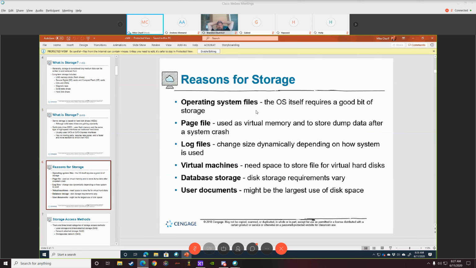So the other reason why we need storage is for log files, especially on a server. And that file grows and grows dynamically as needed. So what is in there? For example, if you want to know what happened to your drive or the status of your machine, if you want to go see Event Viewer or any kind of log files, basically it's like the black box in an airplane.